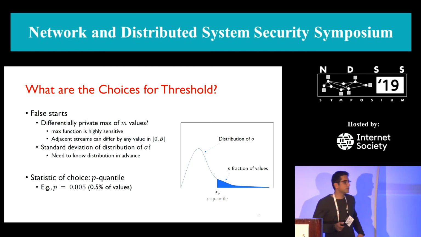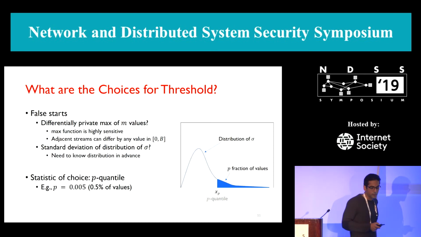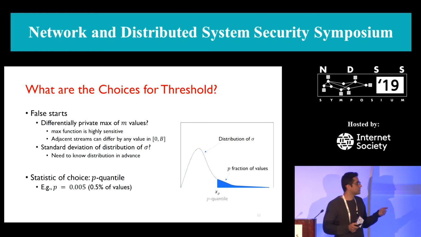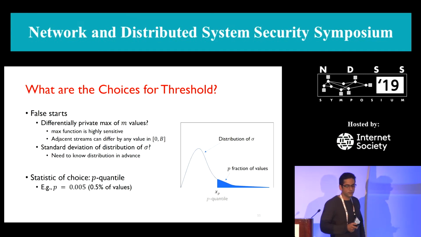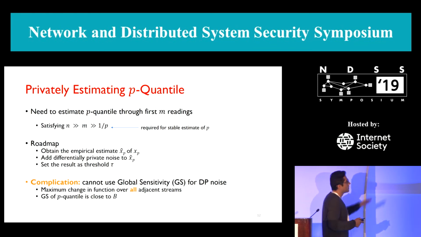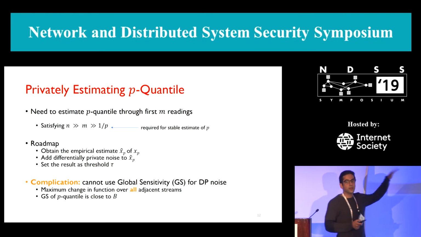So what we use instead is the statistic called the p-Quantile, which basically is a value above which only a p fraction of the values lie. So for instance, p could be 0.5%. So we need to estimate the p-Quantile of the stream with the first M readings with these inequalities satisfied.